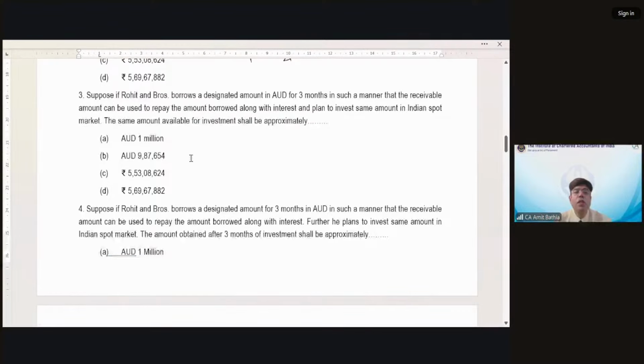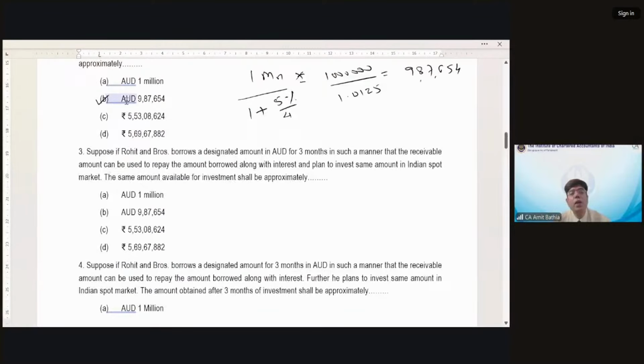So first and foremost, if you are going to use the borrowing in such a way that it will pay off the interest and the maturity amount, that means we have already calculated that 987,654 AUD, right? And plan to invest the same amount in Indian spot market. The same amount available for investment shall be approximately how much?